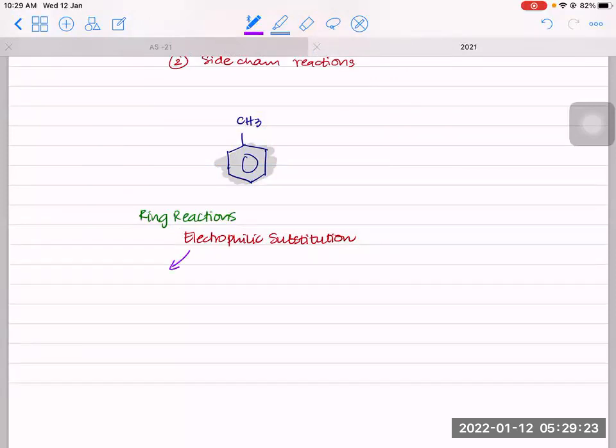halogenation. So this undergoes halogenation. In halogenation, you have chlorination and you have bromination.